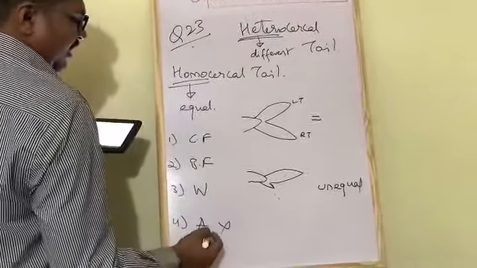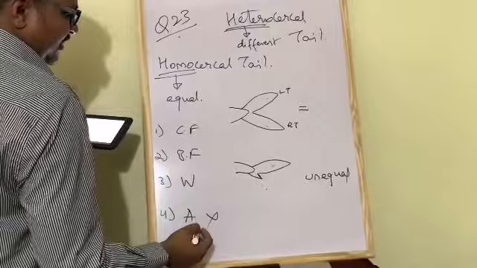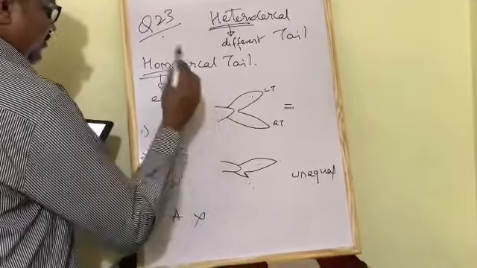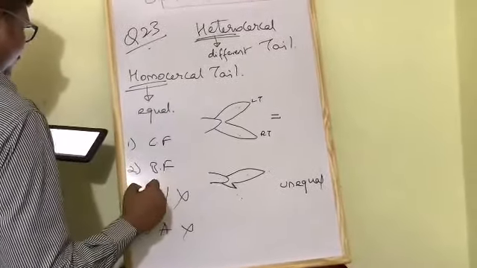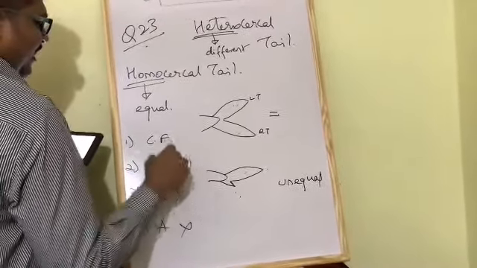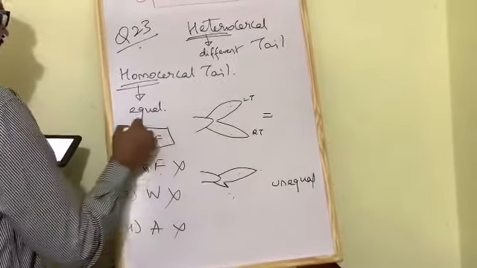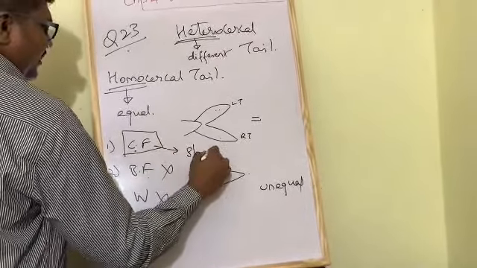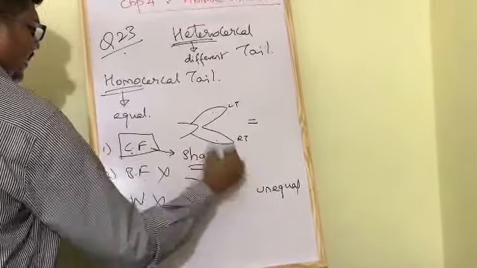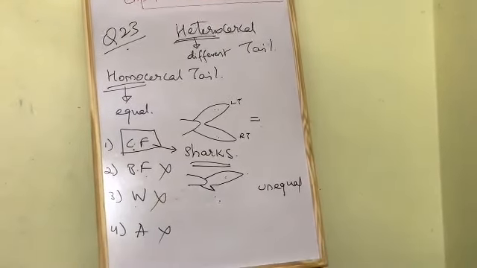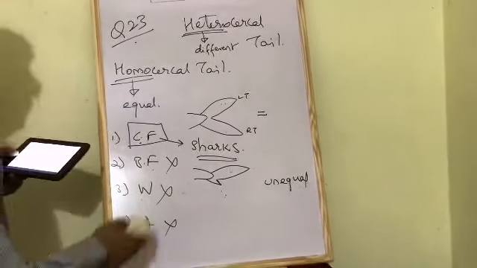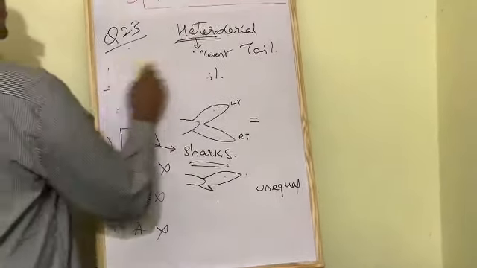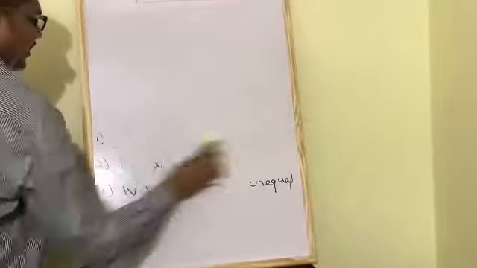Amphibians, apart from the urodelans, have no question of a tail. Then comes whale. Whale does have a tail which is homocercal, so that is ruled out. Then comes bony fishes, which also have a homocercal tail, and the heterocercal tail is present in the cartilaginous fishes. The example I told you just now is sharks. So sharks, rays and skates belong to this group of cartilaginous fishes, which have an unequal tail, which is heterocercal. Let us go to the next question. Next question is question 24.